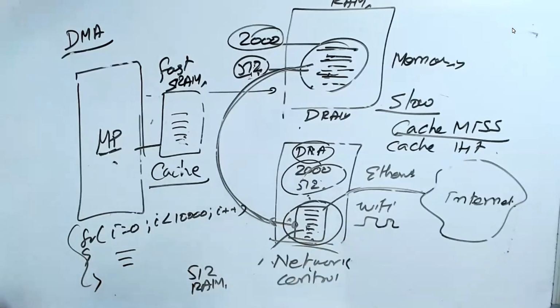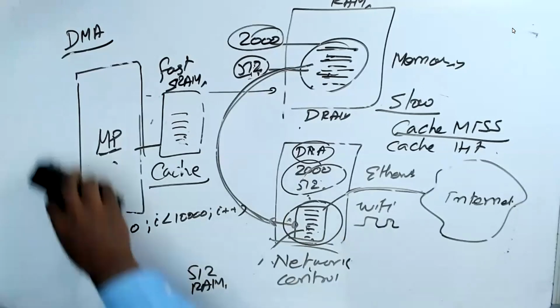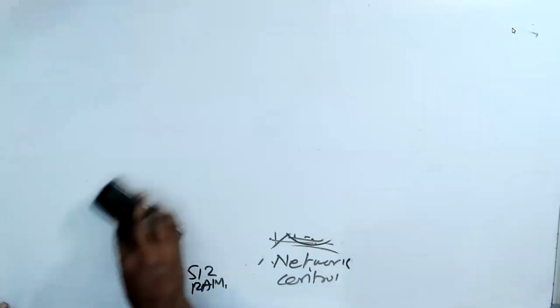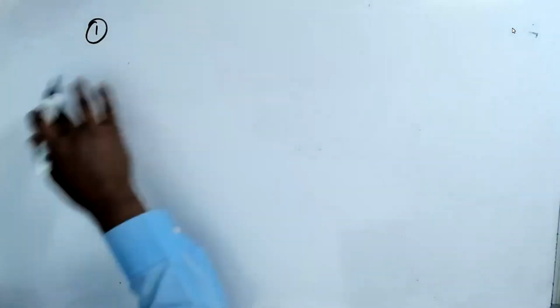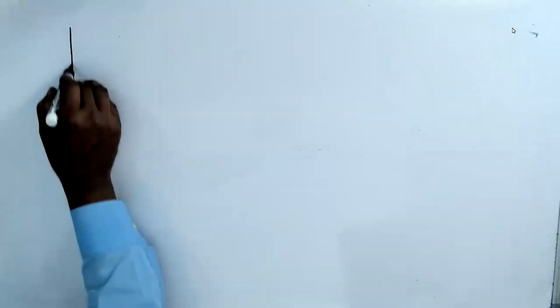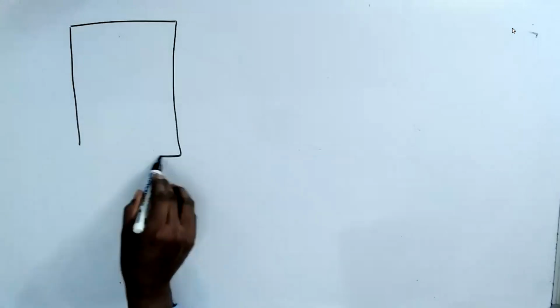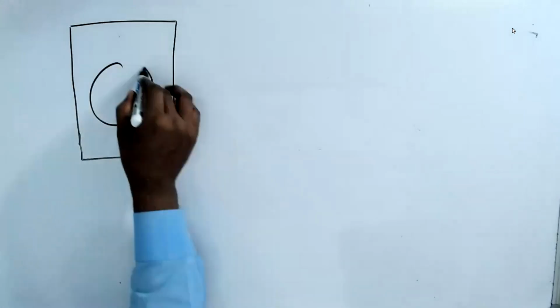So there are three. Understand one thing. First one is called polling. Let's summarize everything. The first one is I have a block which is a computer.